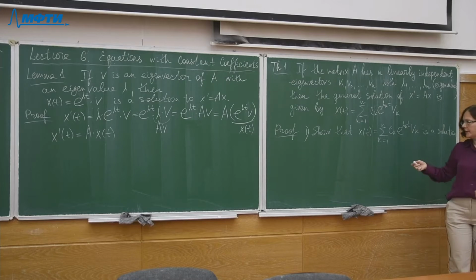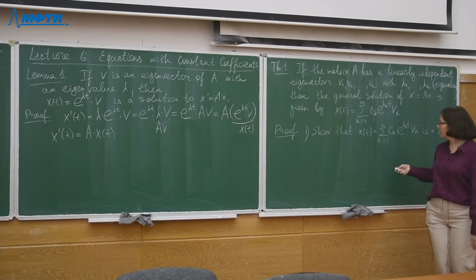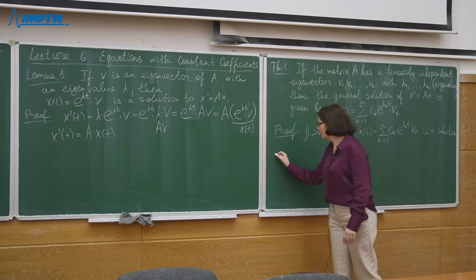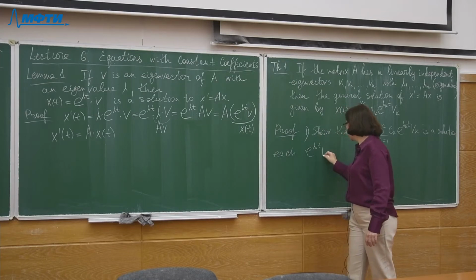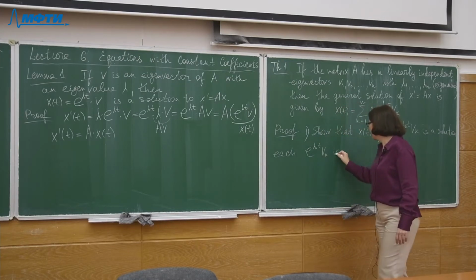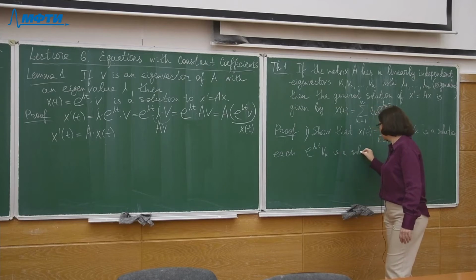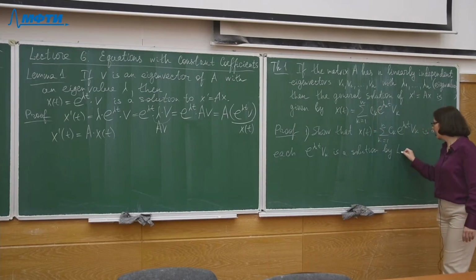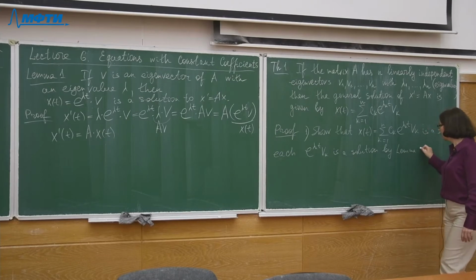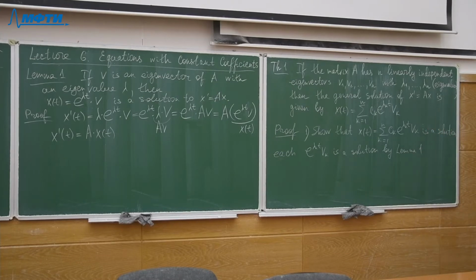To check this is very easy. We know first that each function e to the power lambda_k t v_k is a solution by lemma 1. Is it clear? So it follows from lemma 1.